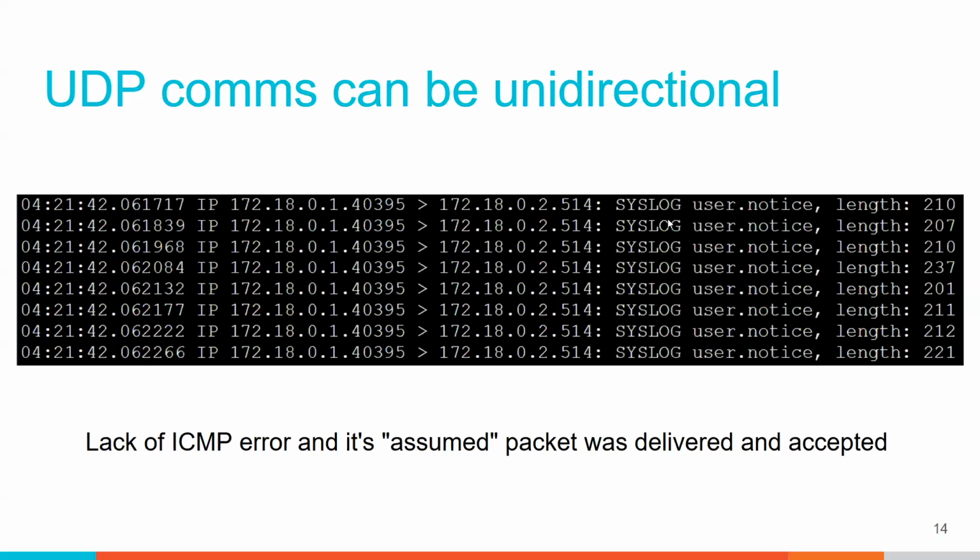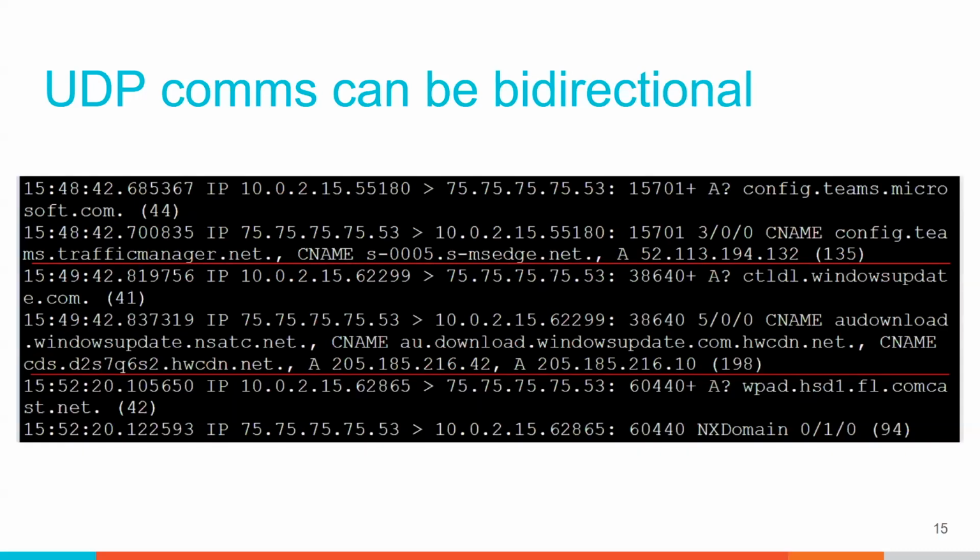So they can be unidirectional. All my traffic is in one direction and one direction only. Syslog's a great example of that. Or it can be bidirectional. DNS is a good example of that. I'll use UDP 53 to send a DNS query to a system, and then it will send a response to that query. For example, I have a system here asking a DNS server, hey, I need the A record, or the IP address, of config.teams.microsoft.com.